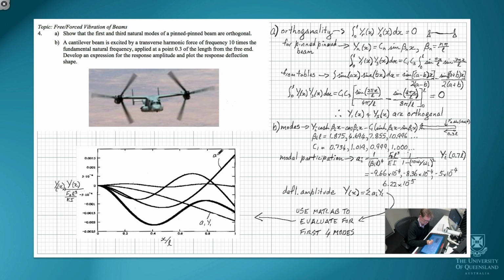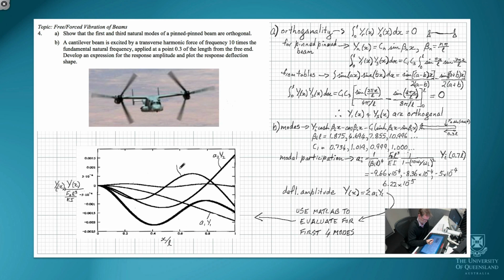So that's A2, Y2. And you can see it's got a node point, which is around about 0.2. The forcing is about here, so the second mode isn't perhaps excited as much as we'd expect, based on the frequency.